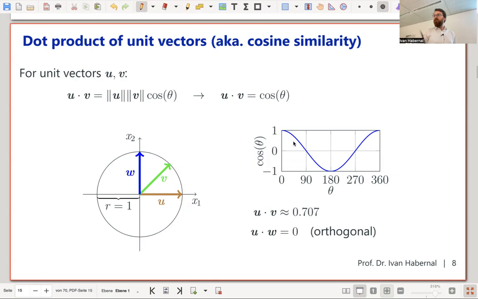Now we're coming to your part. If they're orthogonal, so to say, at a 90 degrees angle, we're here, so we're getting a 0 dot product.